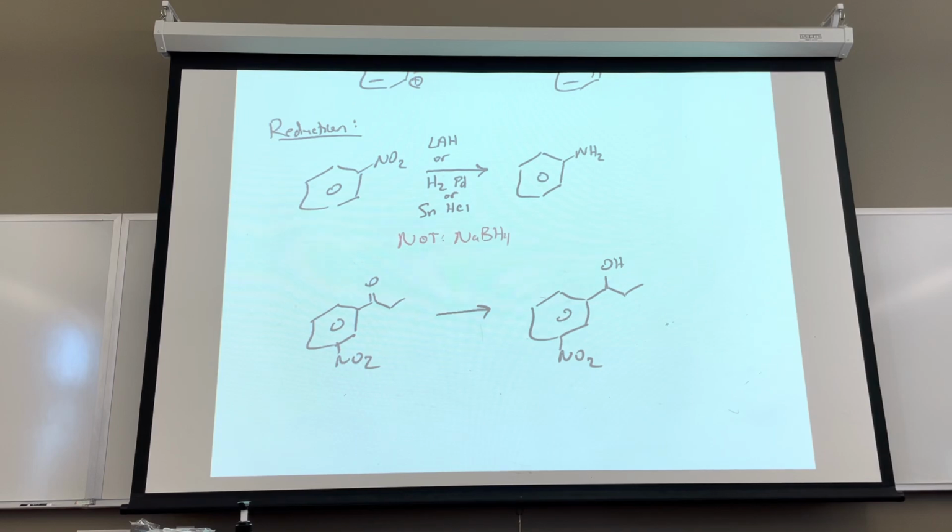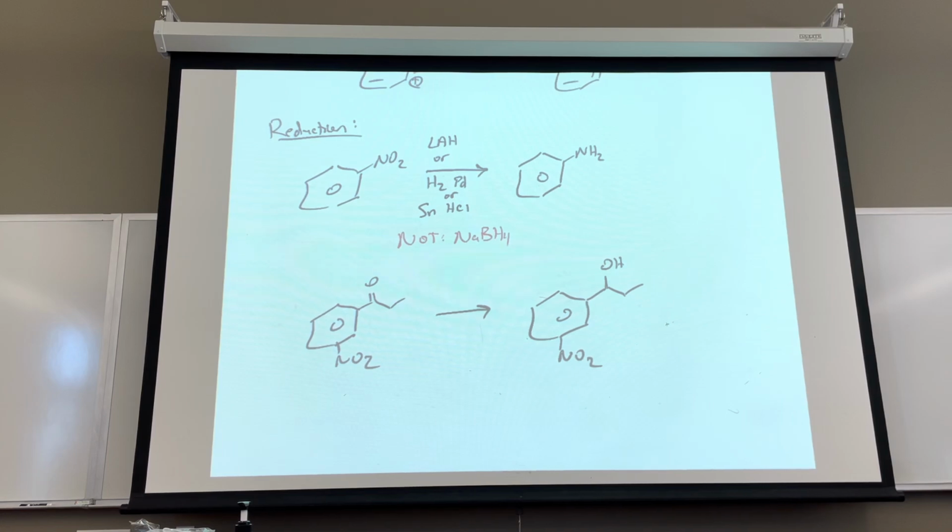Right? What would be the risk of trying to do this transformation with LAH? You'll reduce the carbonyl, yeah, exactly. LAH is going to reduce the ketone to the alcohol for sure, but LAH is a sledgehammer of a reducing agent. It's going to reduce anything and everything.